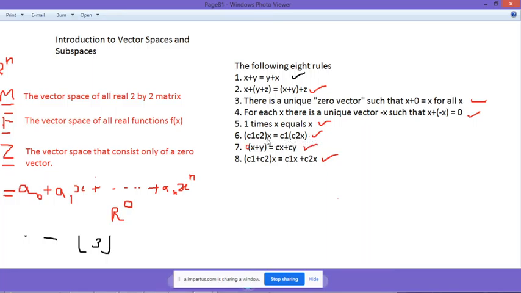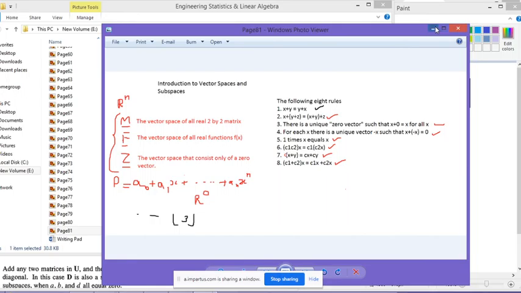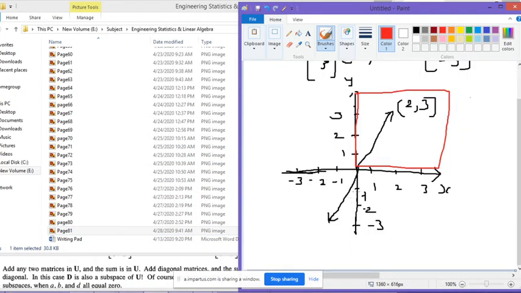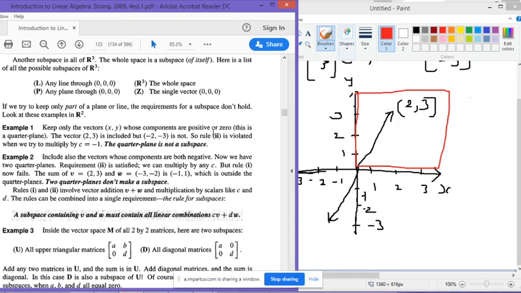It means C1 into X, now it's just one scalar quantity, it's fine. So we consider C1 into X. It should result in the same C1 into X, or in the same vector space. Since we have not considered this negative vector space, the rule has been violated. It is not in the same plane.